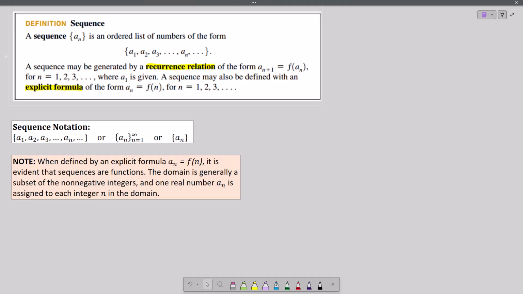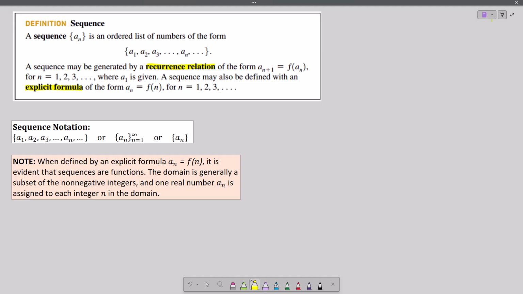Sometimes it can start at another positive number. It depends on what's happening. There are all sorts of reasons why it might start at 0 or 1 or some other number. It does not matter at this point. All you have to care about is that there's a list of numbers. Wherever you start, you just keep adding 1 to the index to keep on going. And you need some method of creating the value of the terms.